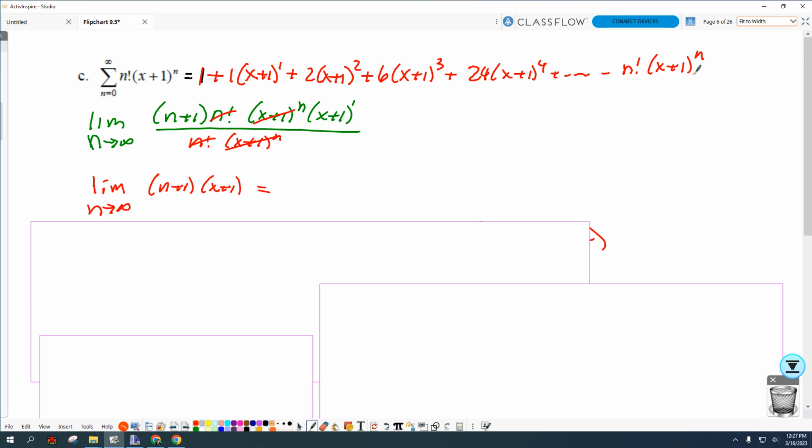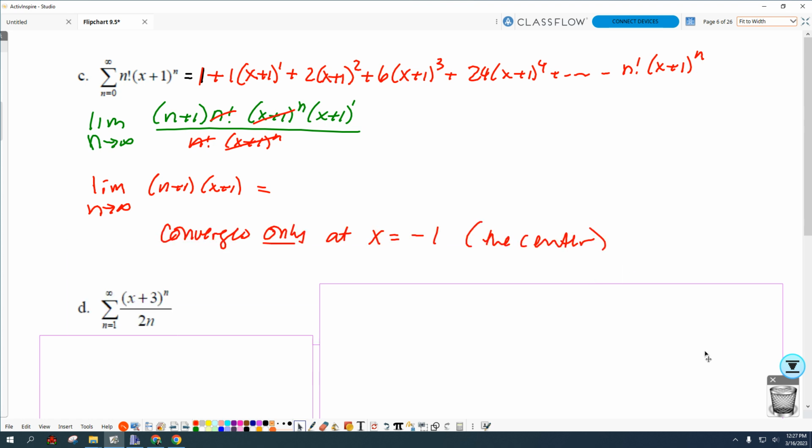Is there any x value that this is going to converge to a number? Say negative one, at the center. Do I need to test endpoints? No, it's only going to work at the center. There are no endpoints to check.